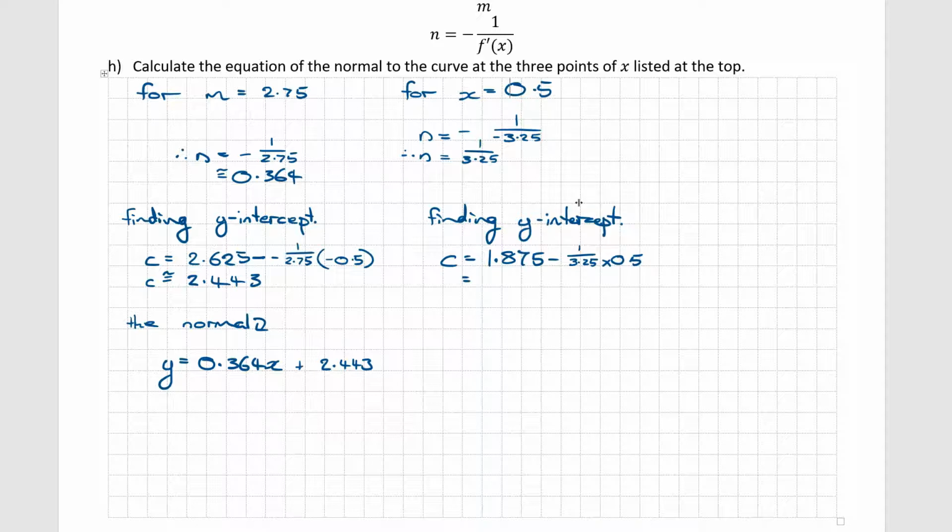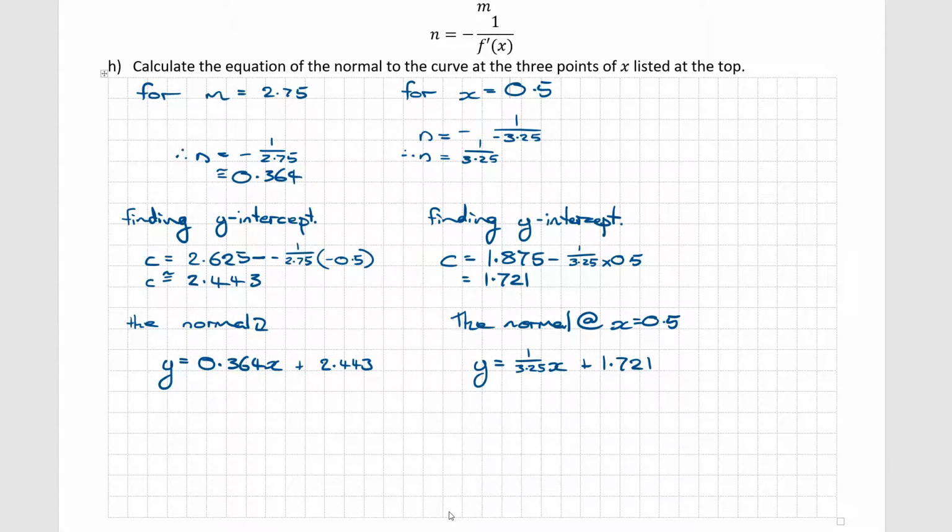Now if I throw this in my calculator, 1.721, like so. So therefore our normal at x equals 0.5 is simply equal to y equals the gradient 1 over 3.25 x plus 1.721.